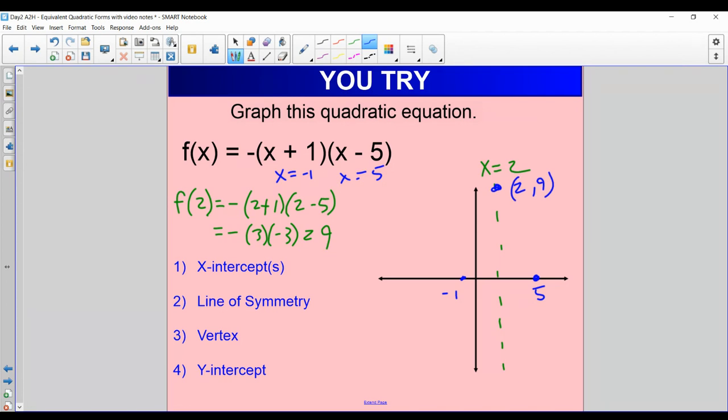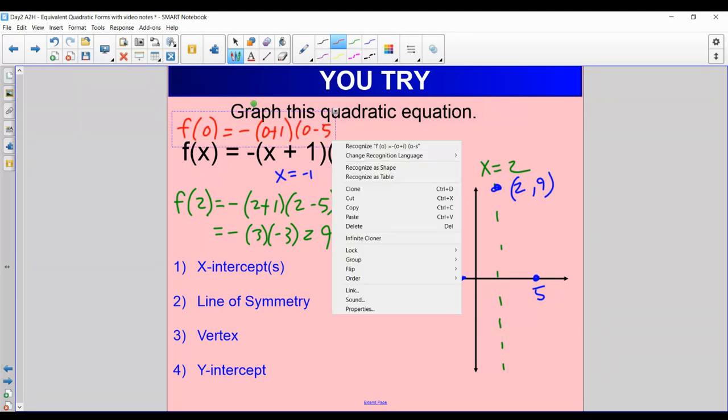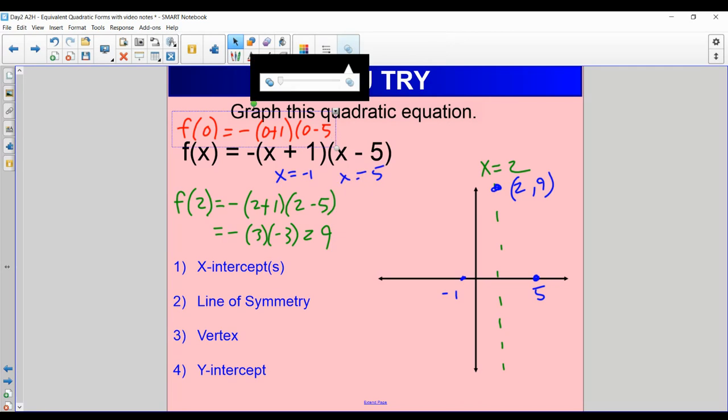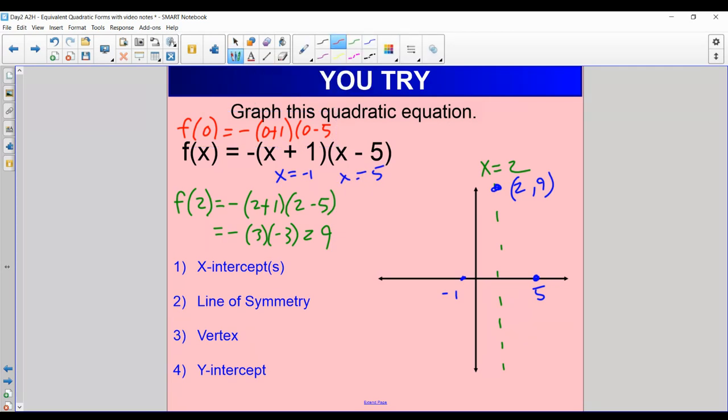I can find the y-intercept by plugging in x as 0. So I'm going to get the opposite of 0 plus 1, 0 minus 5. So I'm going to get negative 1 times negative 5.